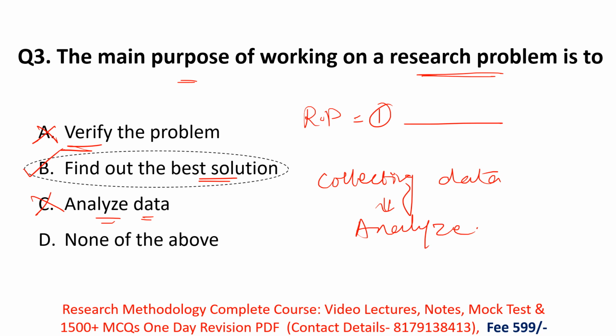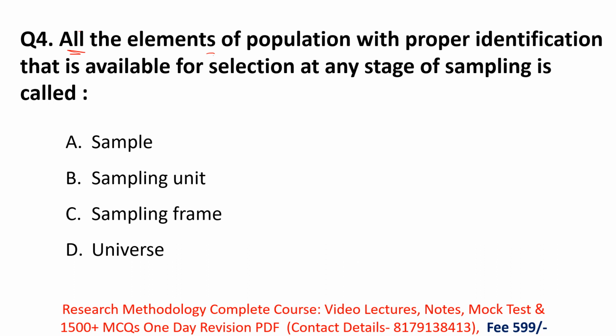Next: all the elements of the population with proper identification that are available for selection at any stage of sampling are called. So in this question, they have given us the definition of one of the following options, and we have to select which option's definition this is.